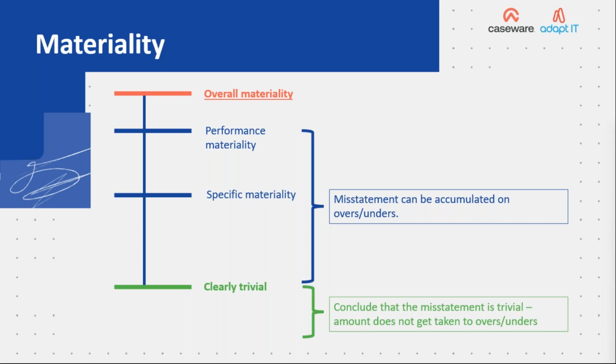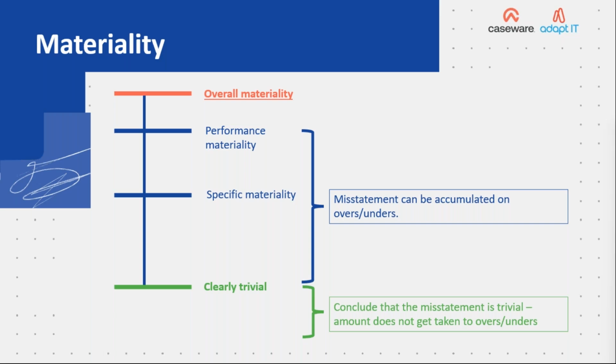Now, what we need to remember as a new intake, always check with a more senior team member what to do with a misstatement. If it falls above trivial but below performance, what should I do with it?